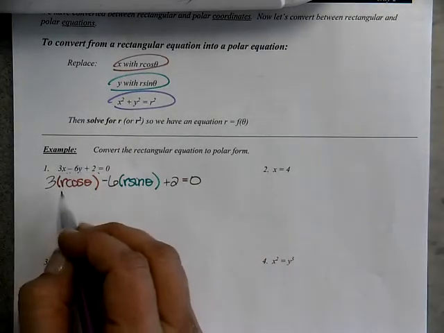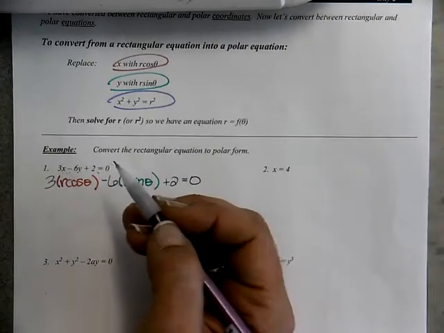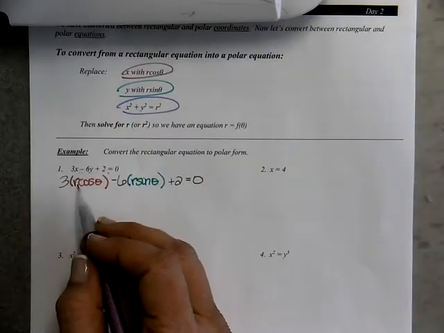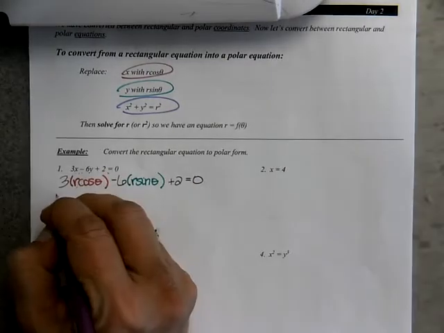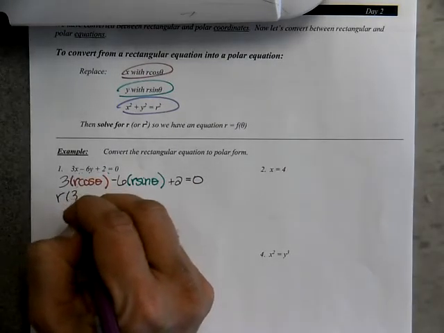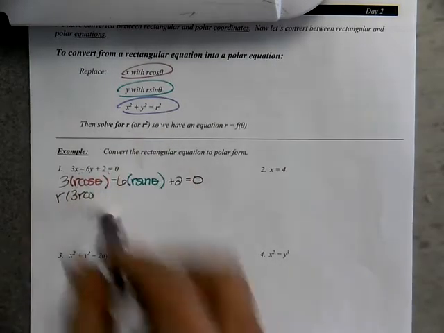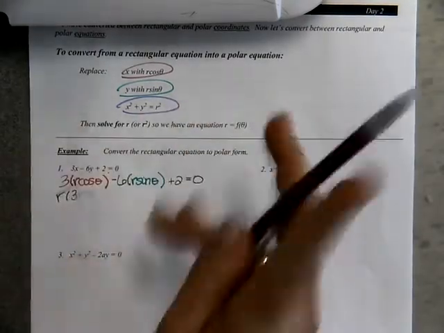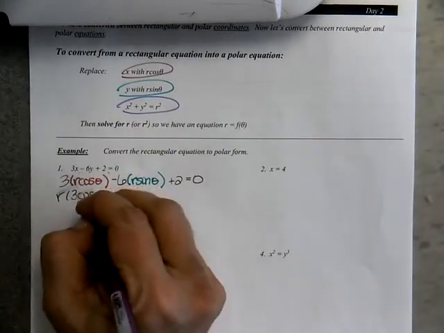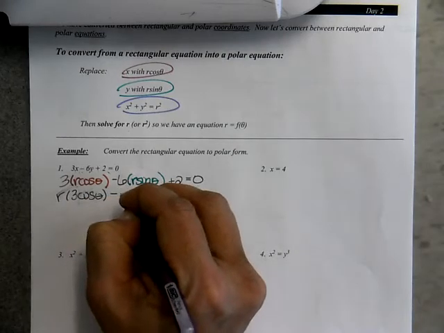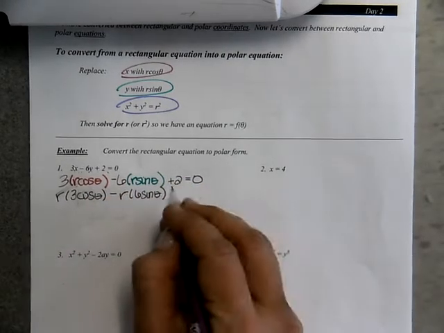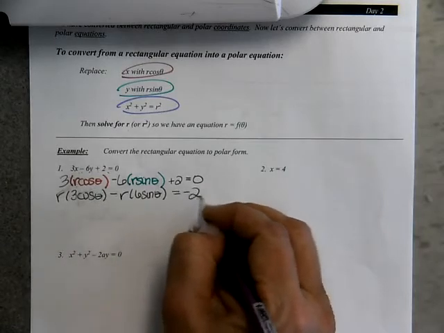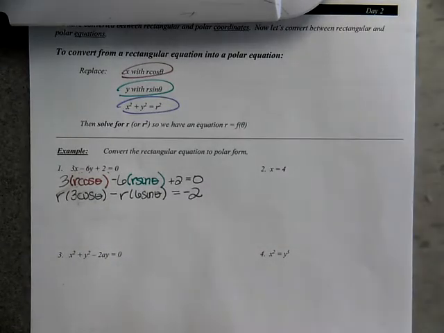So let's maybe think about it like this. Even though we notice that we have r in here, you might want to think about pulling an r out. So we'd have r times 3 cosine theta, and then minus r times 6 sine theta. And maybe let's pop this guy to the other side, so we have negative 2 over there.